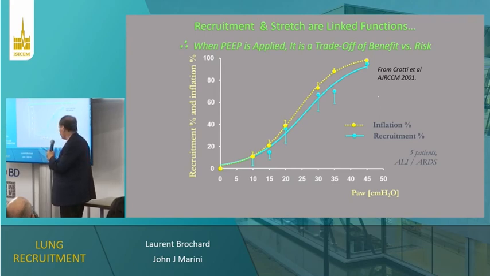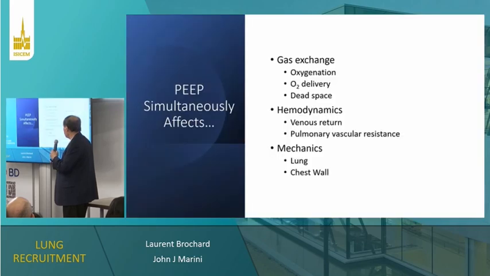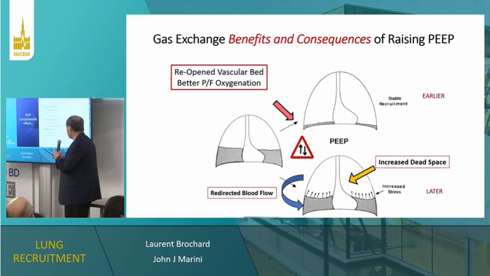And Dr. Gattinoni's group, and I was an author on this paper, showed that in ARDS, they're very similar, those two curves. So that's just a basic piece of information. PEEP is instrumental to recruiting, not only recruiting, but stabilizing the recruited lung. And it will have effects on gas exchange, hemodynamics, and mechanics. And we'll talk about this in a moment.